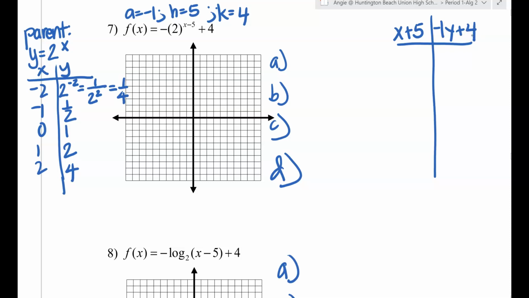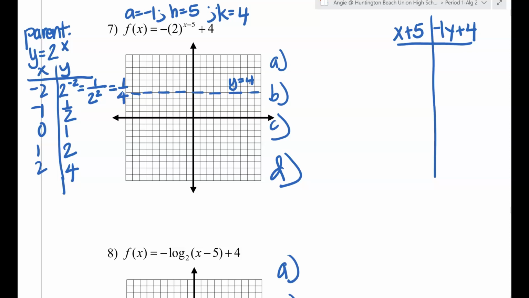Remember before in your exponential notes that for the parent function, you always have a horizontal asymptote at y equals 0. With k being 4, y'all, that means you now have a vertical shift up 4. So you can graph your horizontal asymptote right away, which is y equals 4. Okay, that means your graph should either be below or above that line.